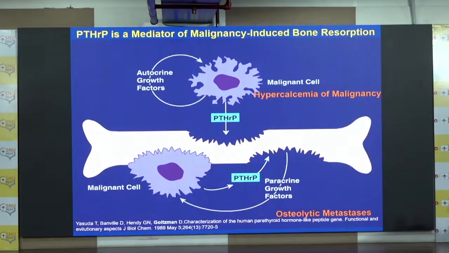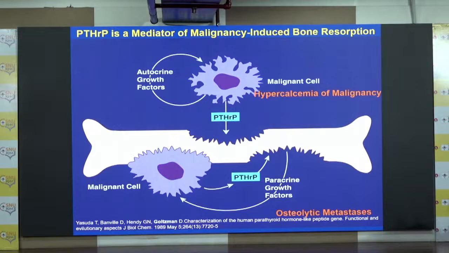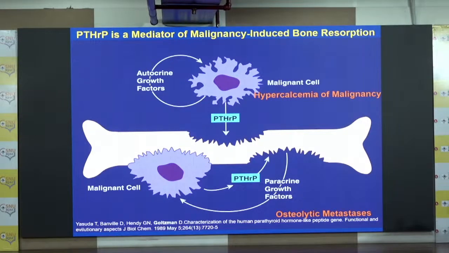Now, a genetic relative of parathyroid hormone, or PTH, is PTHrP. And PTHrP was discovered as a mediator of hypercalcemia associated with malignancy. And the malignant cell can produce PTHrP even when it hasn't invaded bone. The PTHrP can get through the bloodstream.